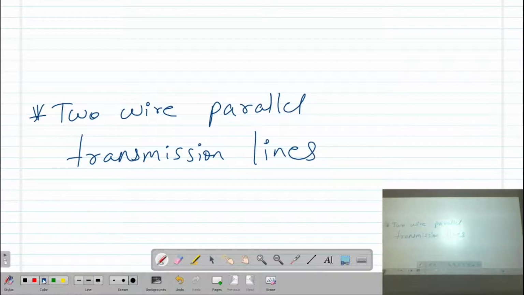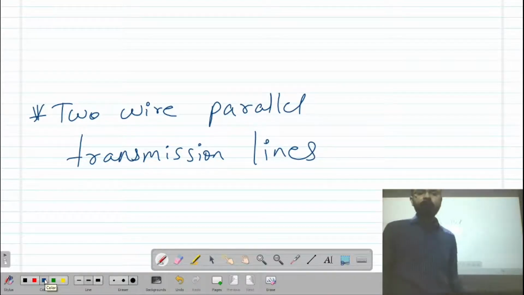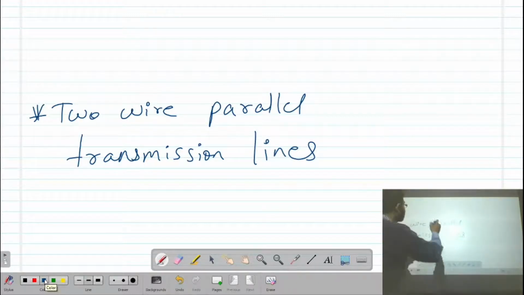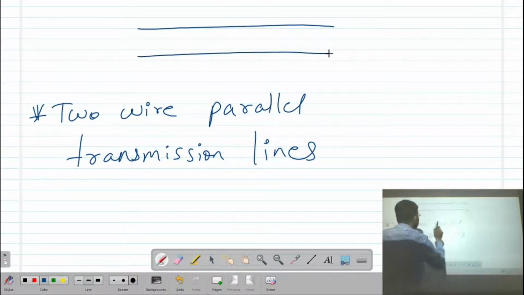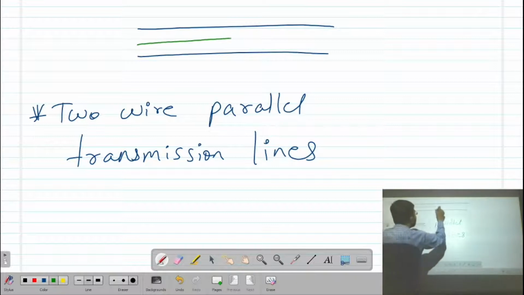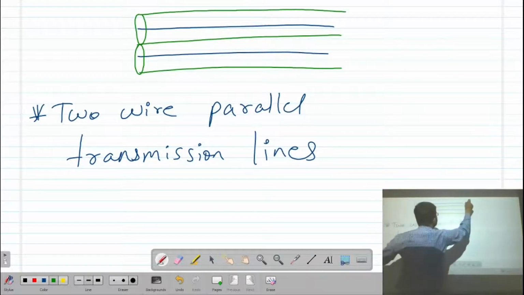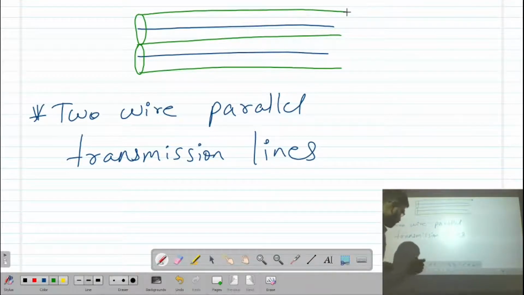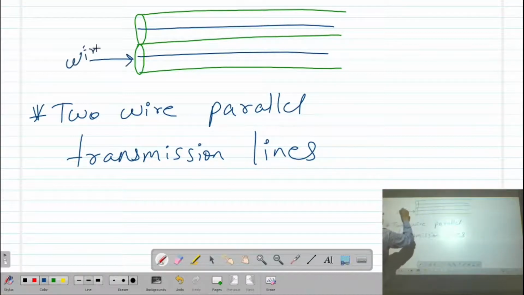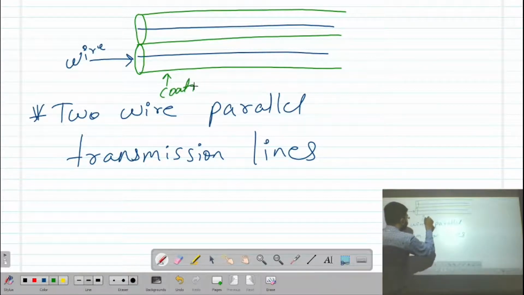We all might have come across wires where two parallel wires are going with each other like this. Two parallel wires will be going together and will be coated with some material, right? Now this blue one is the wire, and this green one is the coating. The coating will be filled inside.